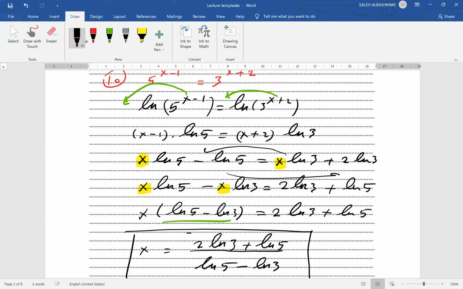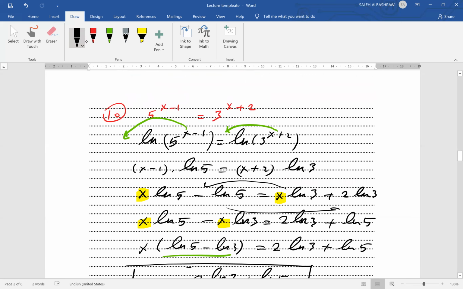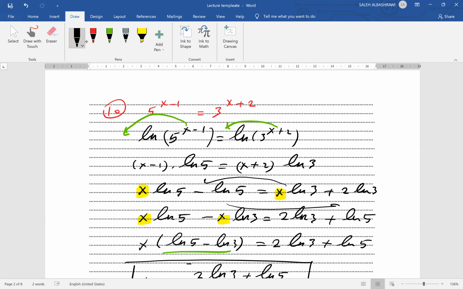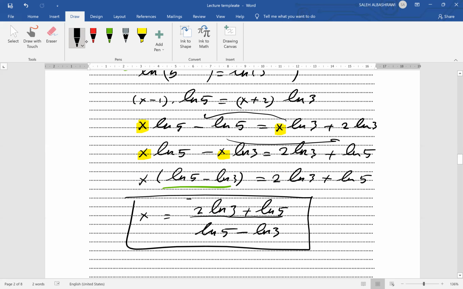So this will be the value of the variable x. So in case we have two different bases with two different powers, then we'll take logarithm, either ln or log with base 10 or 5, any base will be okay. So I will get x equal to 2 ln 3 plus ln 5 divided by ln 5 minus ln 3.